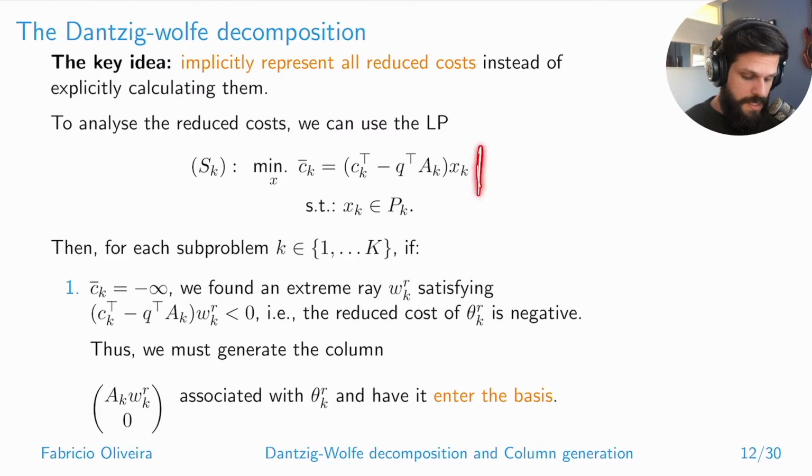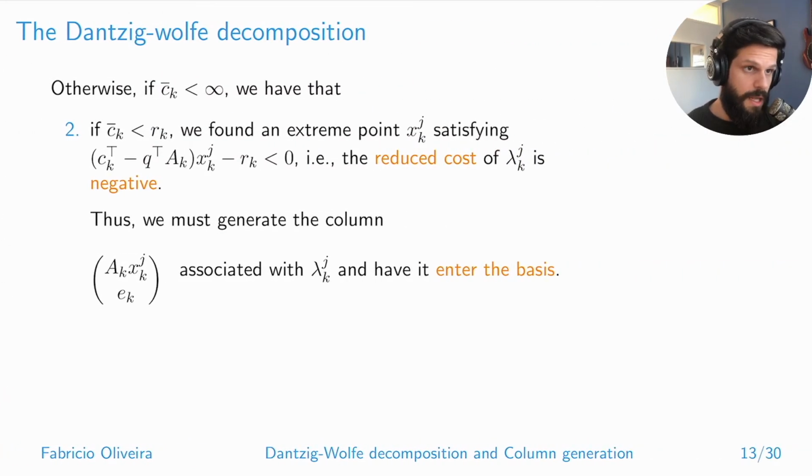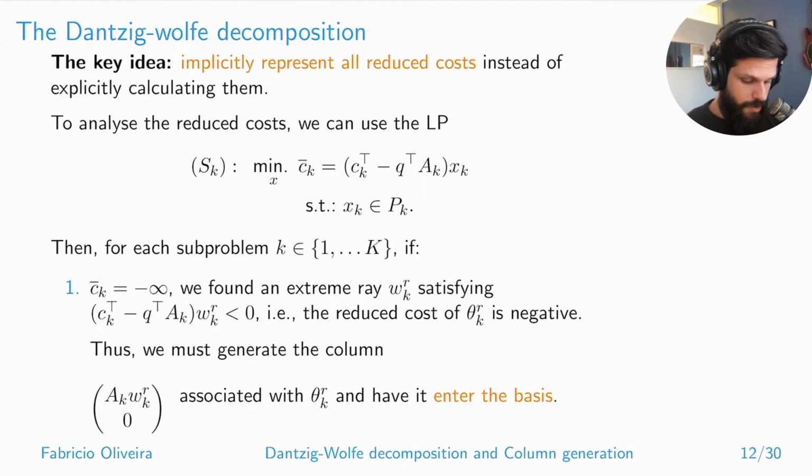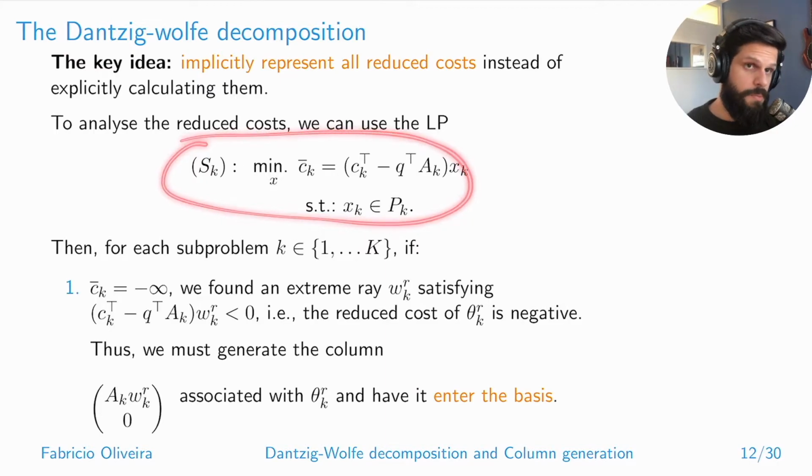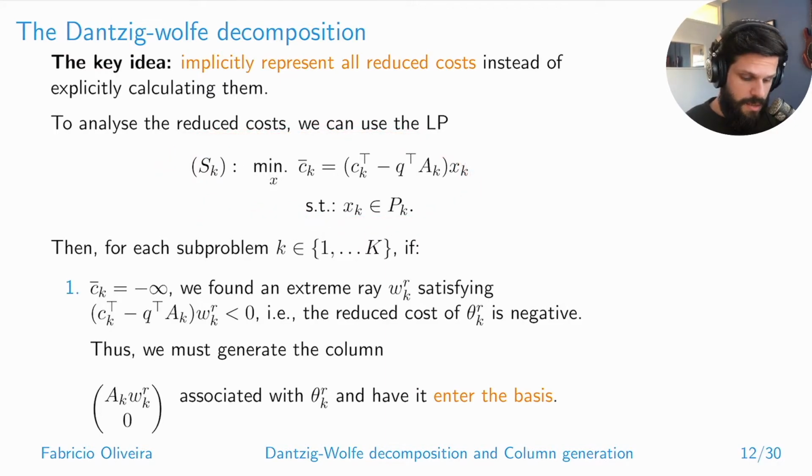Now, if instead of being unbounded, it turns out it is bounded, so you get a finite value, then two things can happen. You have found the optimal value of this problem, which, I probably didn't say, in the context of Dantzig-Wolfe is called the pricing problem. You're looking for a variable with negative reduced cost, and that's what is called pricing.